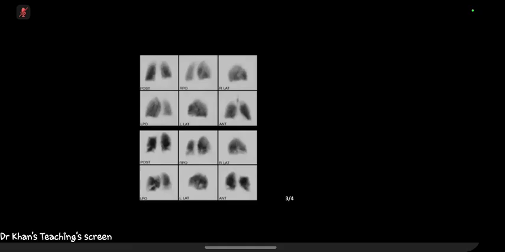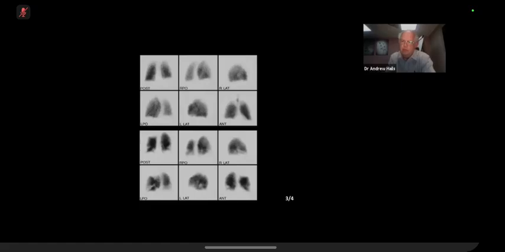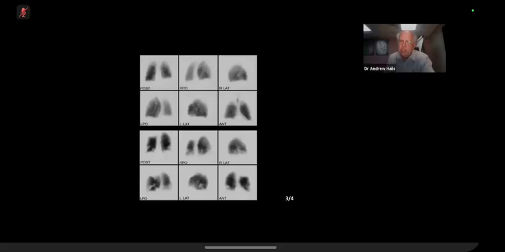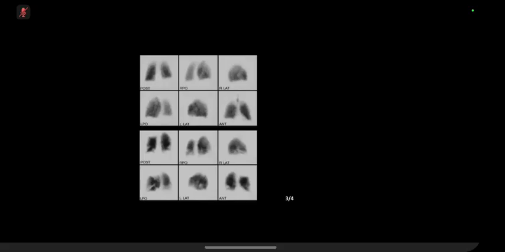I'm trying to see if there's a corresponding ventilation defect, and I don't think I can see a ventilation defect in these areas. No. So the conclusion is? So there's a perfusion defect in this area. I'll correlate with the X-rays to see if there's any consolidative change.